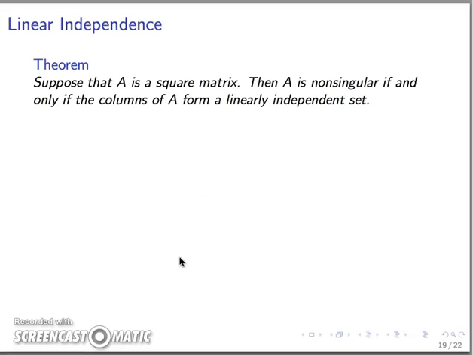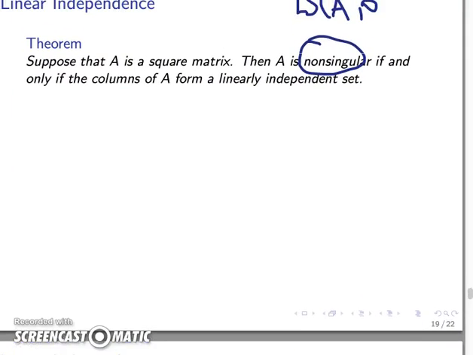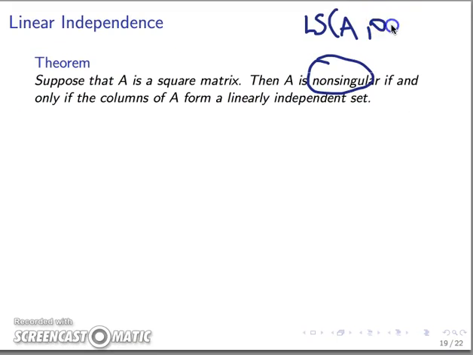So if we have a square matrix, we now make a connection: non-singularity. Remember, non-singularity is connected to the homogeneous system that has this matrix as the matrix of coefficients. Okay, and so if the only element of this solution set is the trivial vector, then we would say that that matrix is called non-singular.